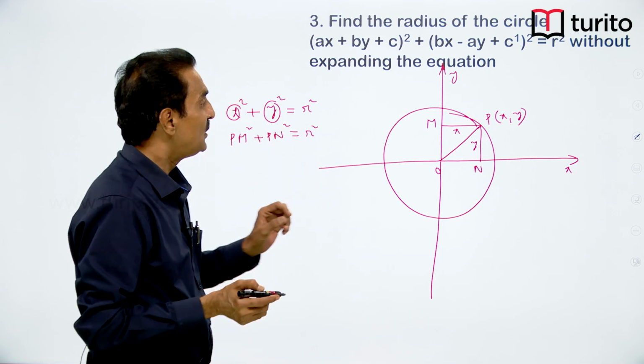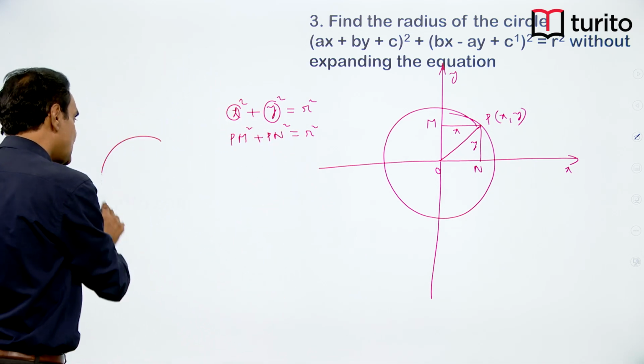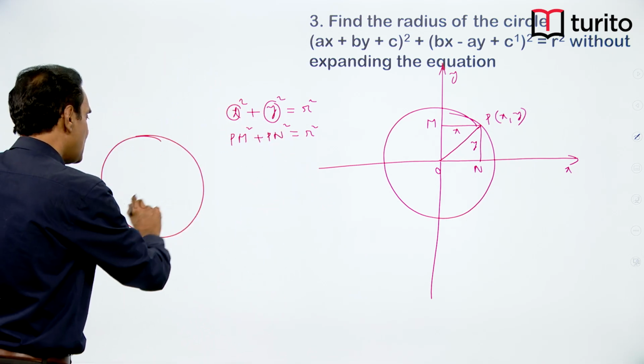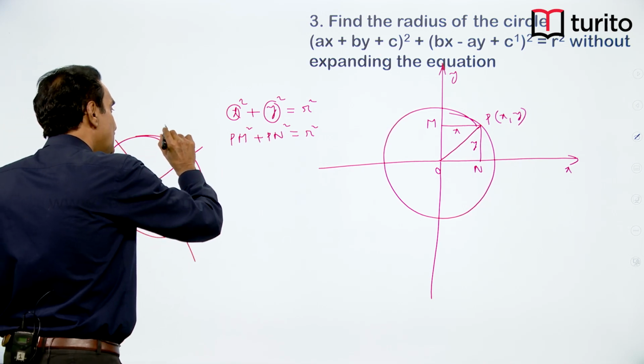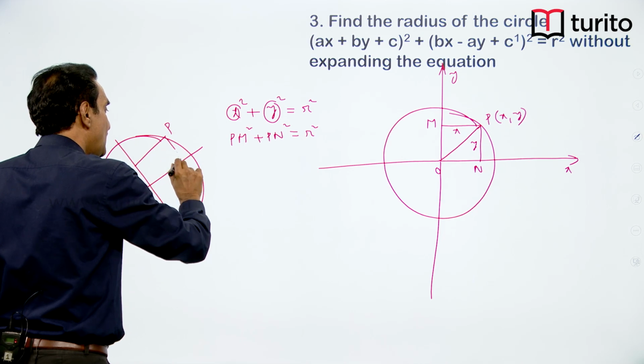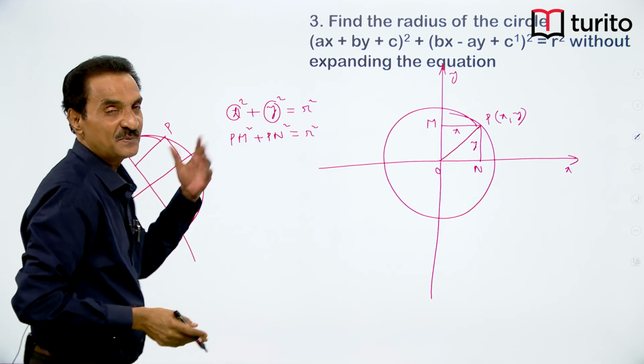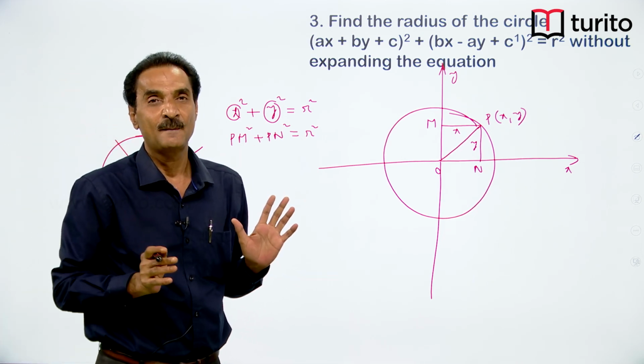Okay. So, if you take a general circle, suppose there are two diameters, then if Pm and Pn are perpendiculars, Pm square plus Pn square is equal to r square will be satisfied.